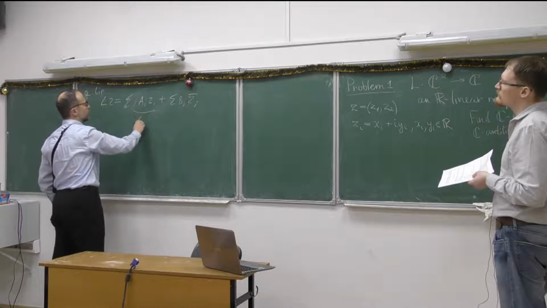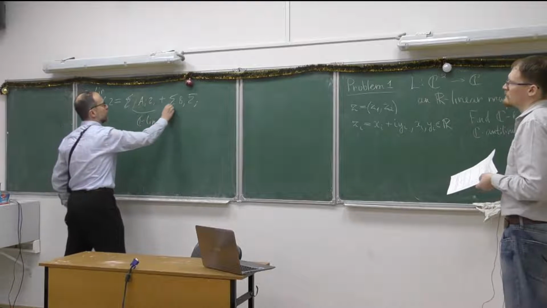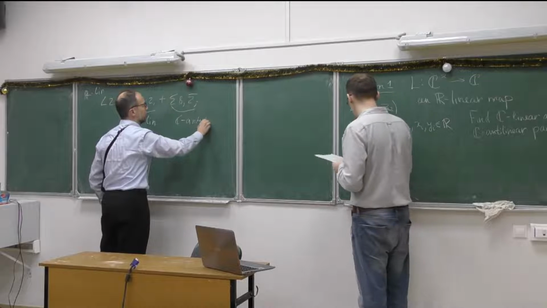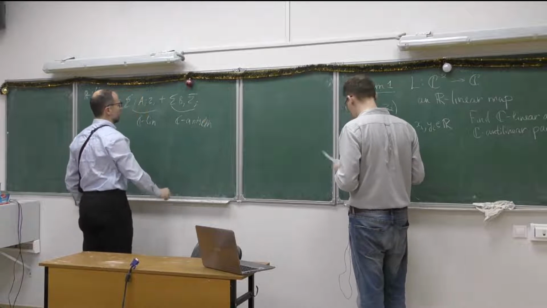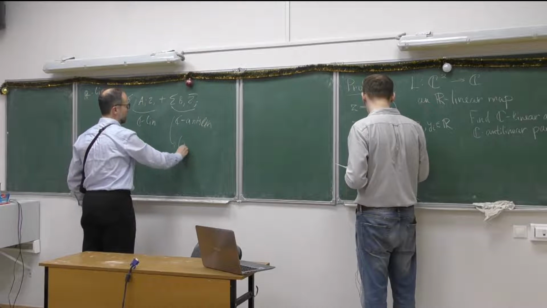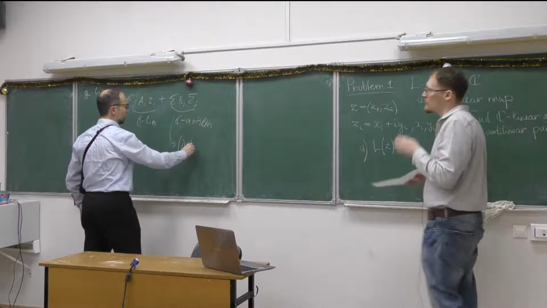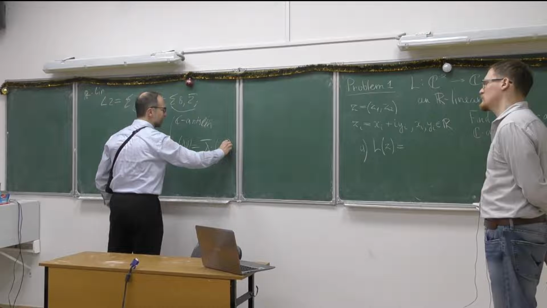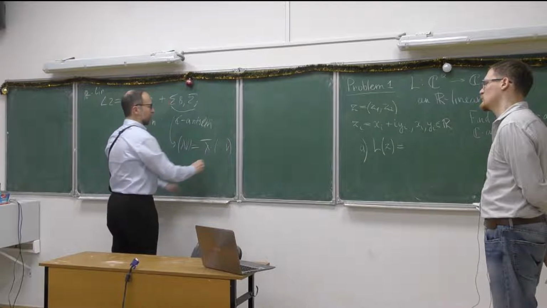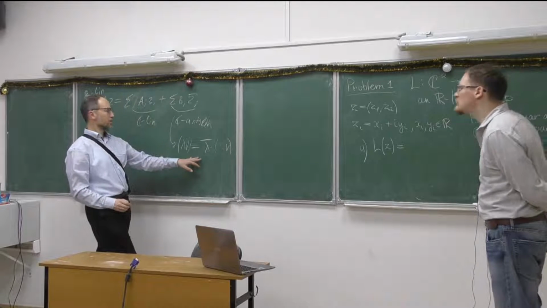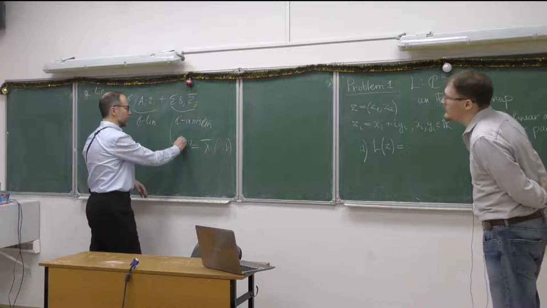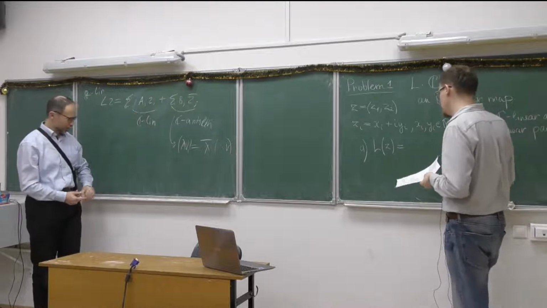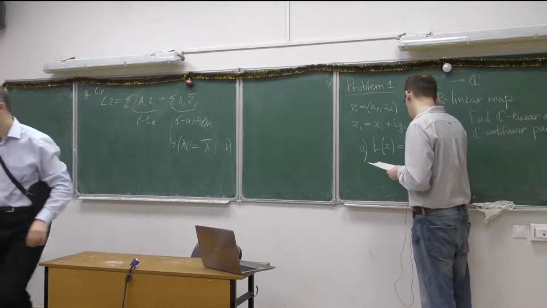And this is C linear, and this is C antilinear. If you evaluate it at lambda times z, then it is equal to lambda times the same value at z. That means this is antilinear, but this is linear.